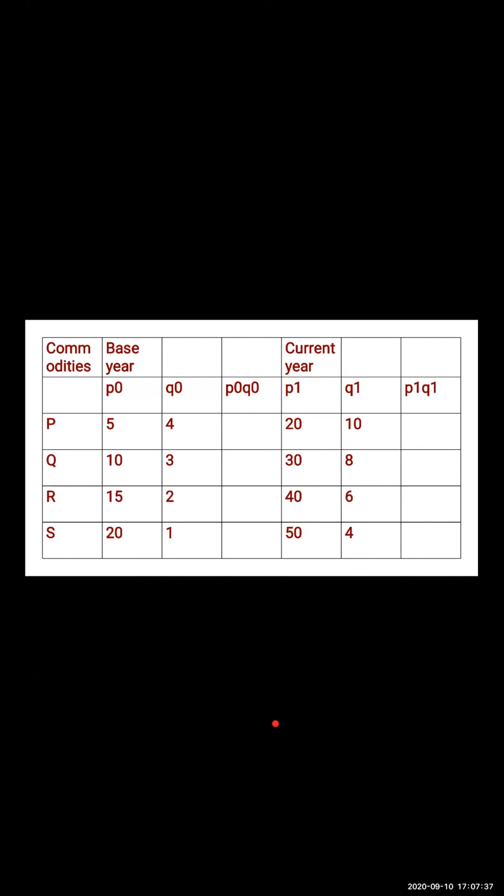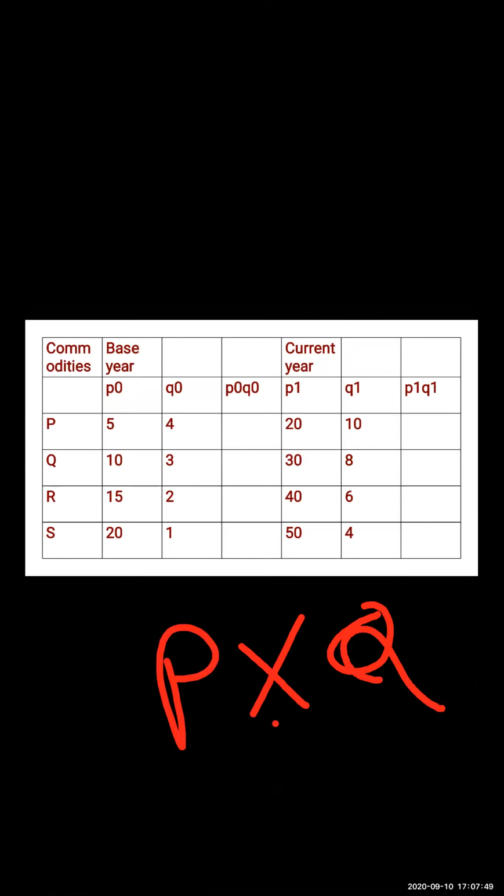I already told you how we calculate value in the previous part. We calculate value as the product of P and Q, so over here we multiply the price of the base year and the quantity of the base year.